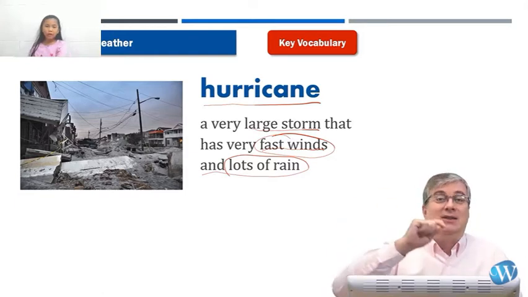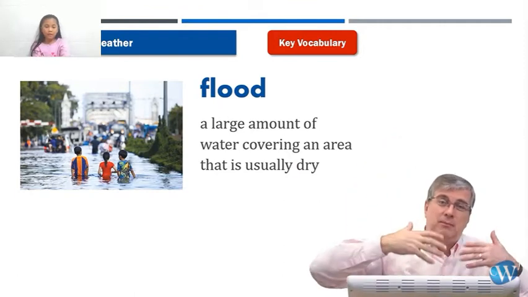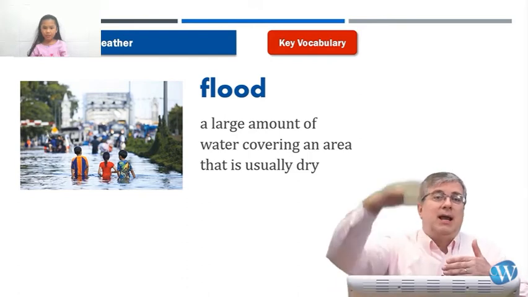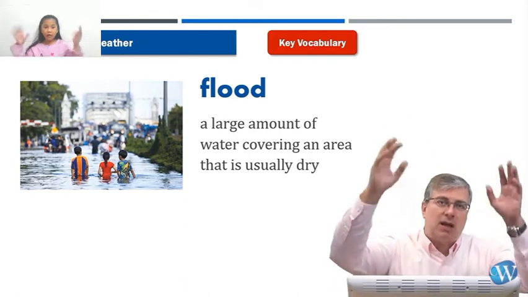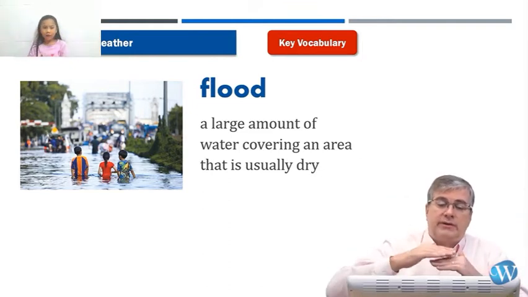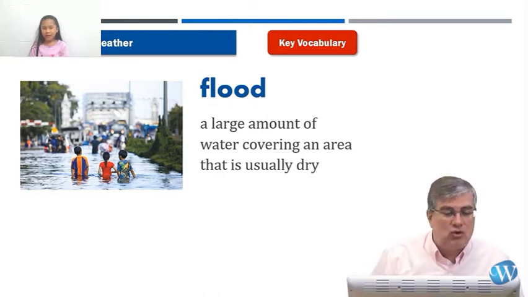Okay? Well, the next word here we have is flood. A flood is a large amount of water covering an area that is usually dry. There's a lot of rain, right? Or maybe the water's coming in when there's a flood. Well, in Bangladesh, the land is not too high.